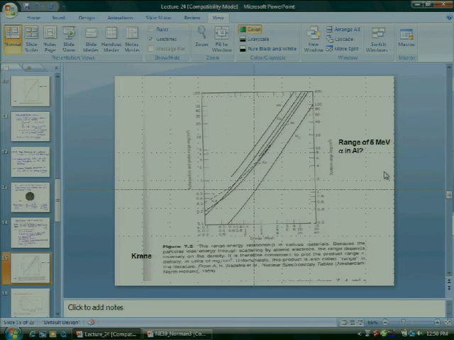So for example, if we go back to something we had a minute ago, we were talking about electrons in aluminum, and we were trying to figure out how much material it took to stop those electrons in aluminum. Now let's suppose I have a 5 MeV alpha. Okay, so I want to read off this plot, which you can't see very well. This is the energy scale for alphas.